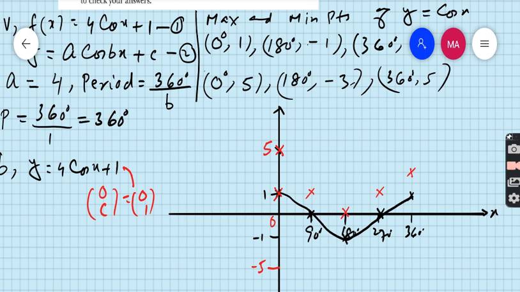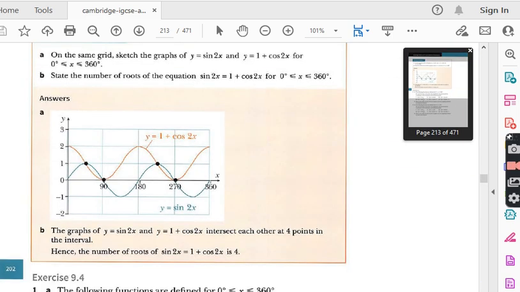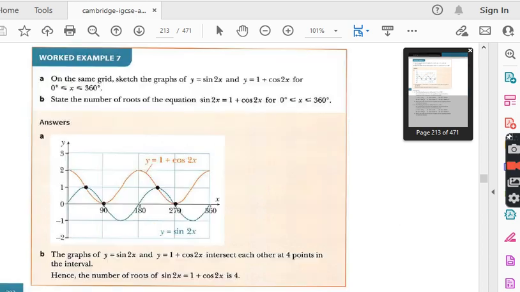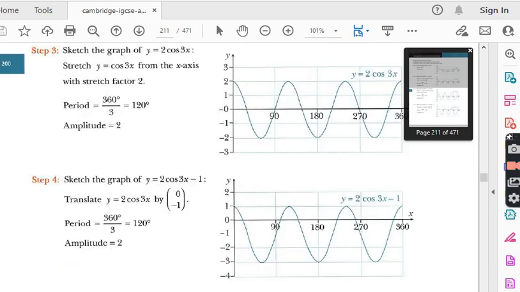Okay, students. Kindly wait, I am reconfirming. Three sine 2x. Kindly wait. I am rechecking again.